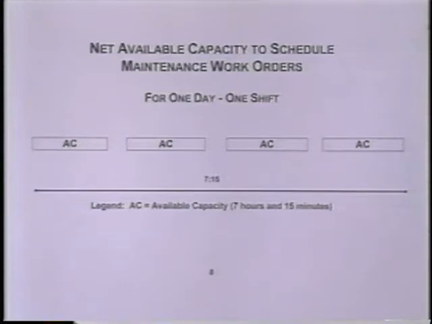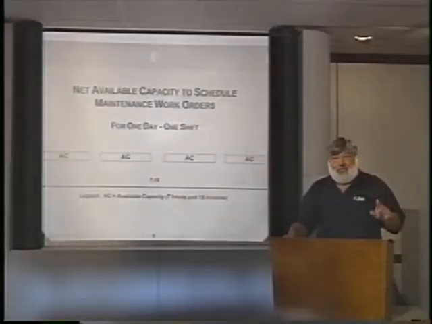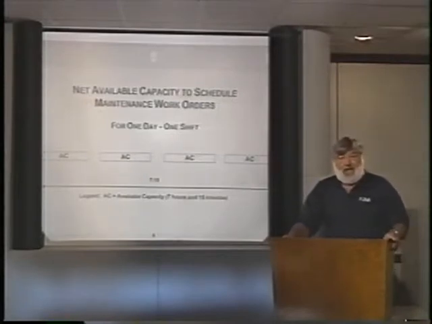Now, we're not going to block schedule maintenance work orders according to those 4 AC blocks, but we're merely trying to indicate that over an 8.5 hour period, we're going to have available at 100% utilization 7 hours and 15 minutes of available capacity.